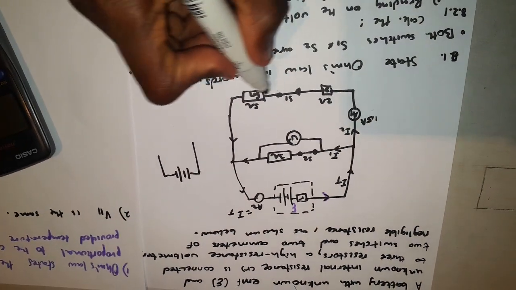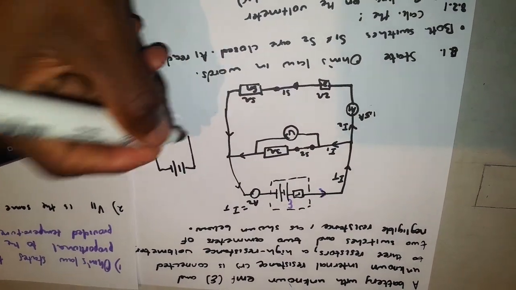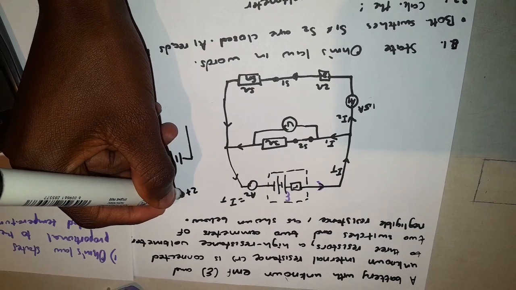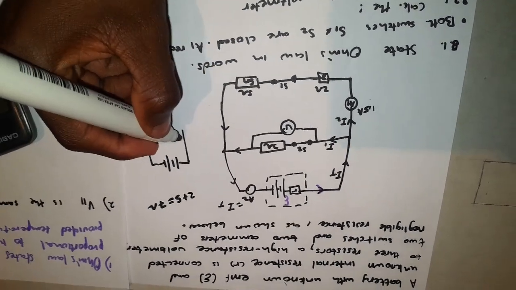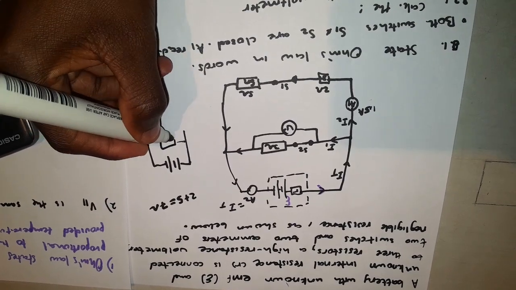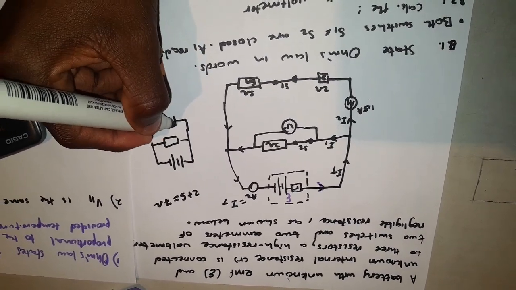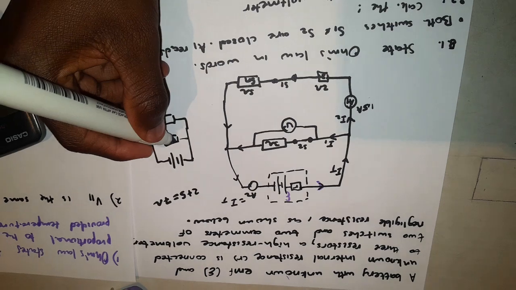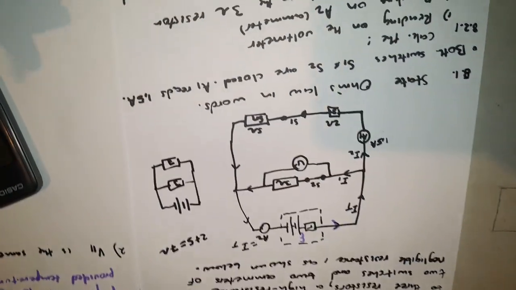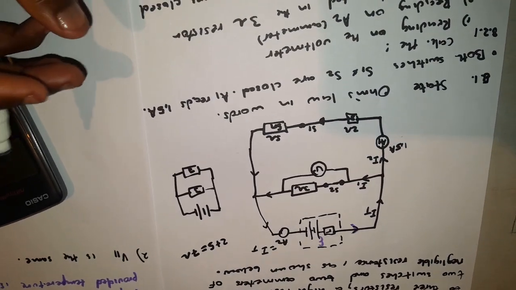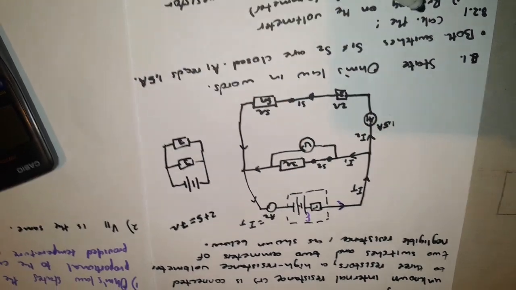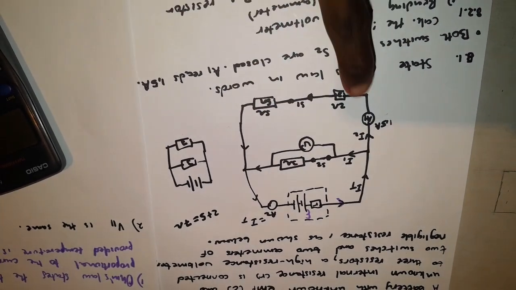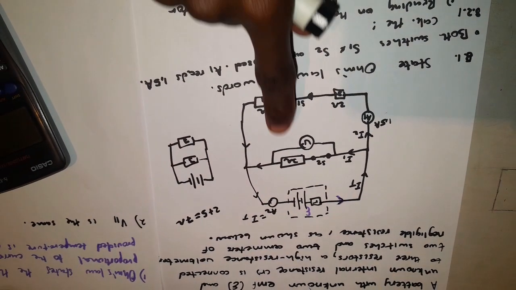So we add these ones, 2 plus 5, which is 7 ohms. Which means the 3 ohm resistor is parallel to the 7 ohm resistor. They are both parallel to each other. This is not parallel to this, and this is not parallel to this. Both of these ones are parallel to this one.